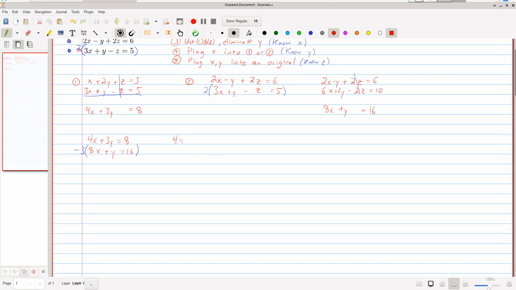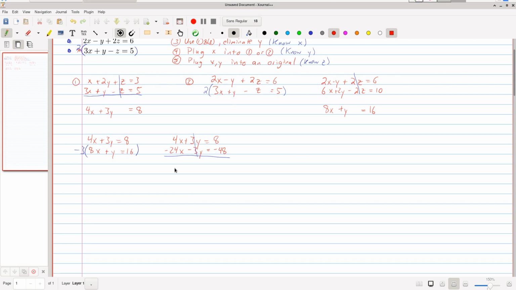So this leaves us with 4x + 3y = 8 for the first equation. The second equation, we've got -24x - 3y = -48. If we add these together, the y's cancel.